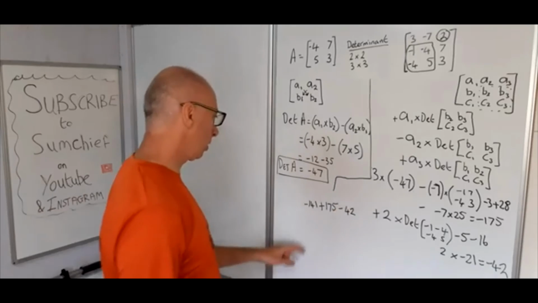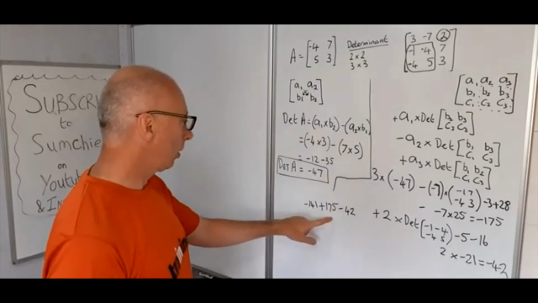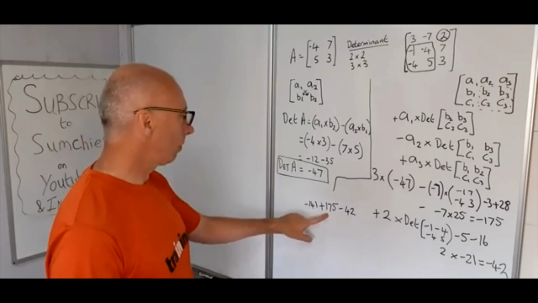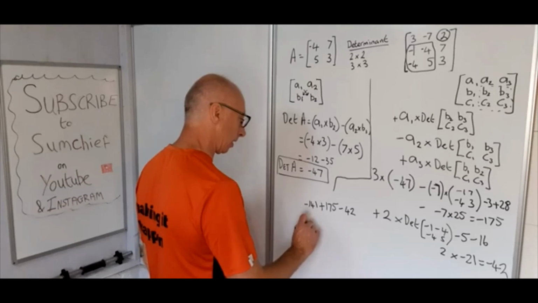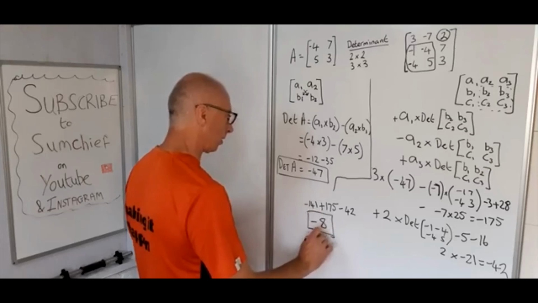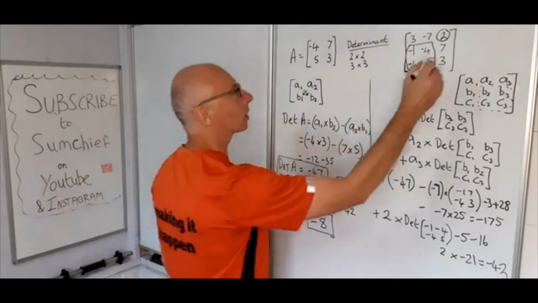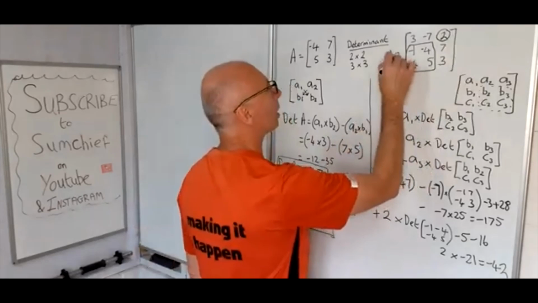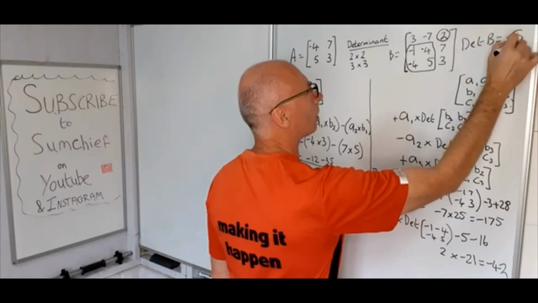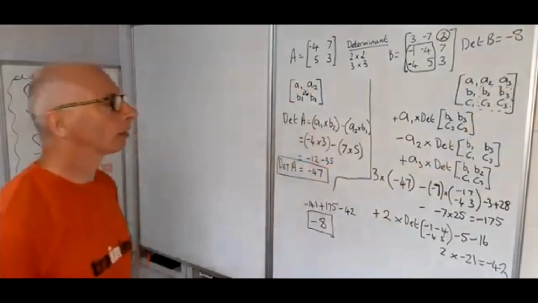So if we add all these up, -141 minus 42 is -183, plus 175, we get -8. So there we go. That's the determinant of this matrix. So let's call this one B. So determinant of B equals -8. Okay.